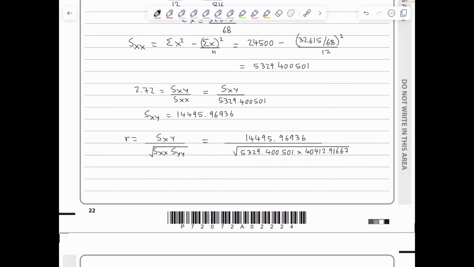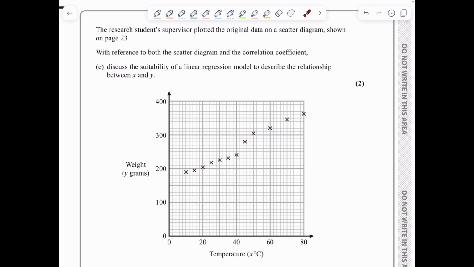Plug everything in the calculator, we get 0.98775, which of course rounds to 0.988 as required.